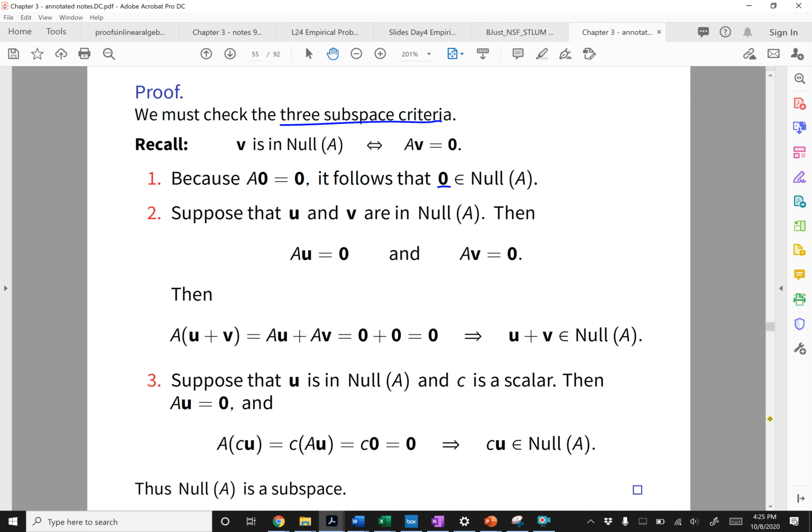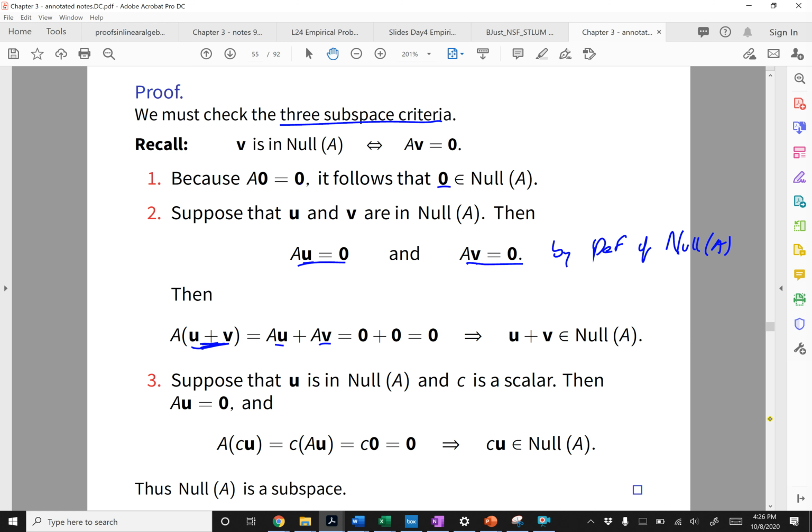So let's pick two vectors in the null of A. We do know that this is true by definition of the null of A. Then we have to figure out if the sum is in the null of A. Well, it's in the null of A if you can multiply A times that and get 0. So we just do a little matrix algebra, you distribute.